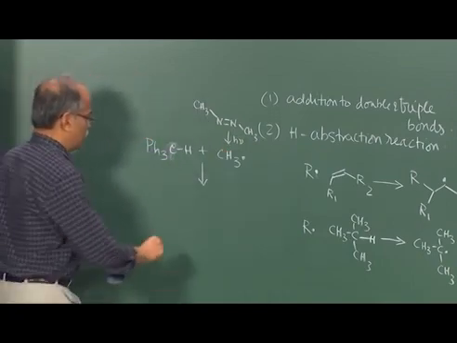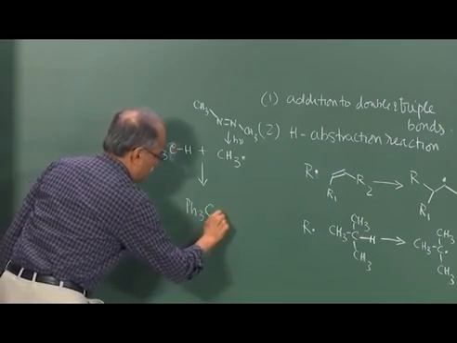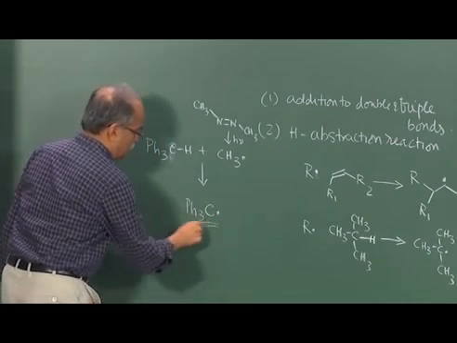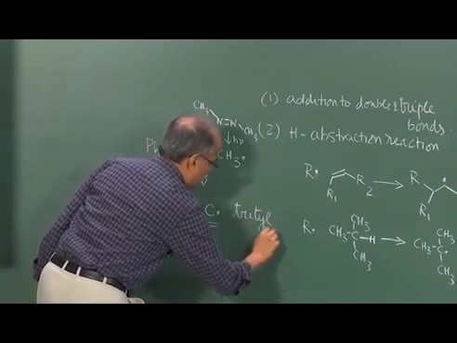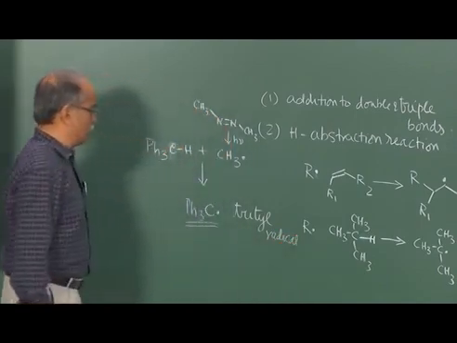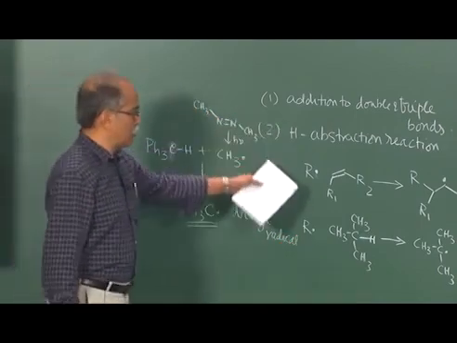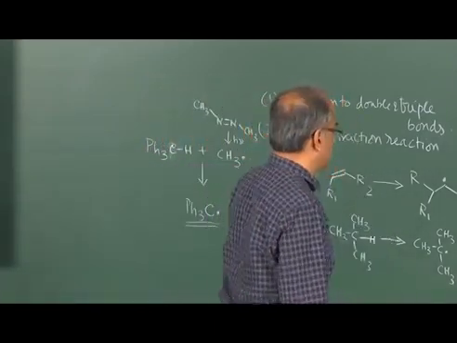So, in the process it produces a very stable trityl radical or triphenyl methyl radical. This is called trityl radical or triphenyl methyl radical. So, these are the two types of reactions generally encountered by free radicals in organic chemistry.